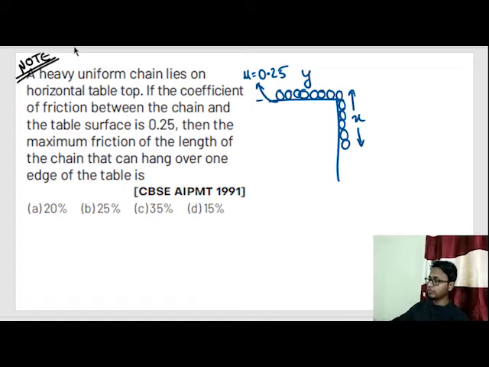So let's assume this length be x and this length be y.